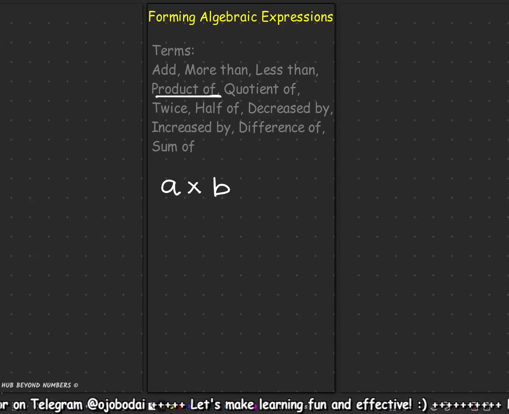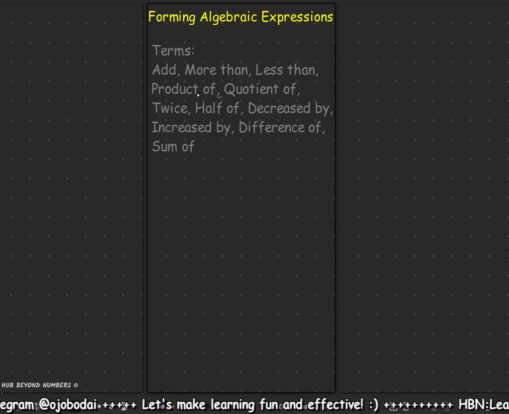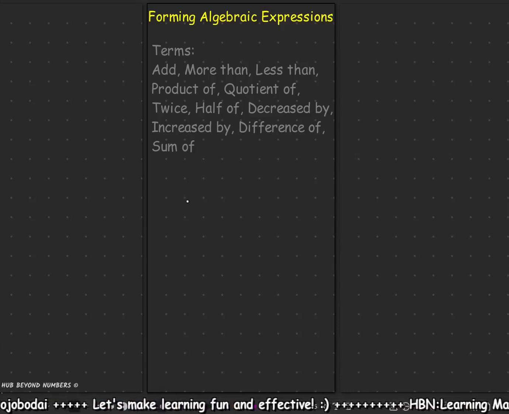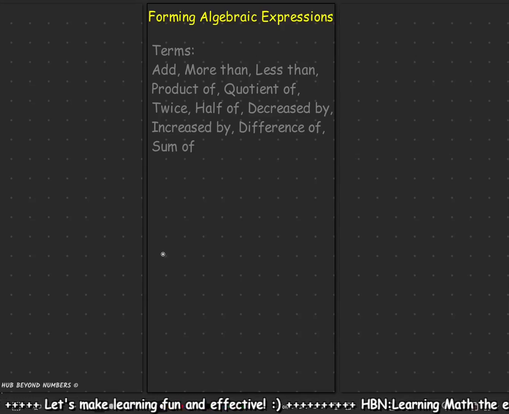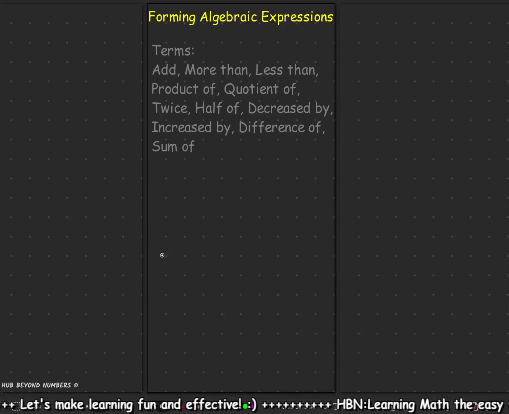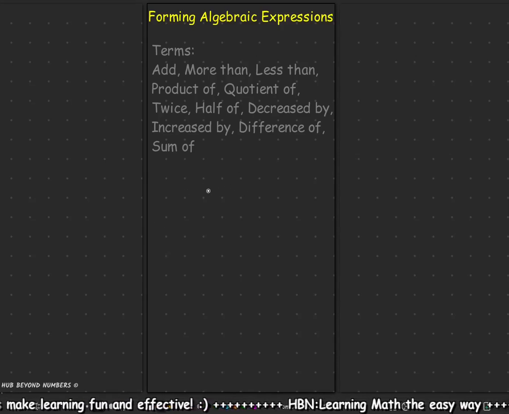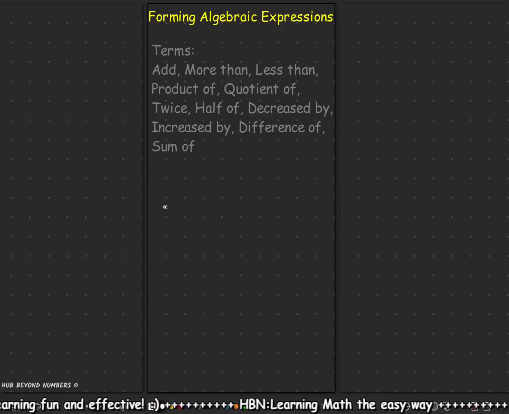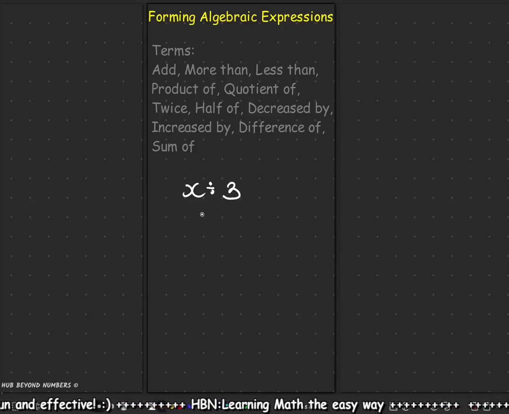Then the next one you would always need to know is quotient. When we talk of quotient, it refers to division. So the quotient of a number and 3 simply means the number divided by 3. If I'm saying the quotient of x and 3, it simply means x divided by 3.